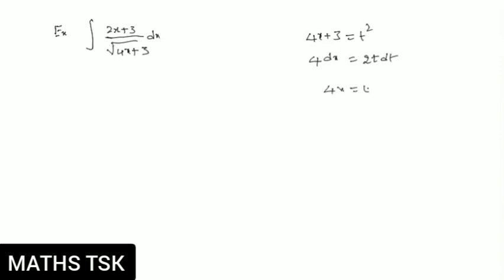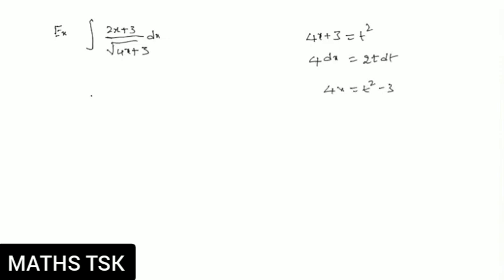So for example, if we integrate 2x plus 3 by root of 4x plus 3, okay. So let us consider like this. Under root we have 4x plus 3, so I consider it as t square. So 4 into dx becomes 2t dt. What is the value of x? 4x is nothing but t square minus 3.